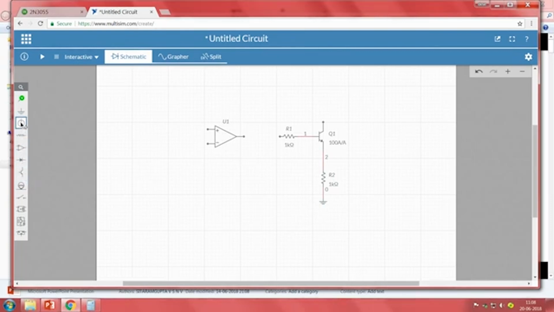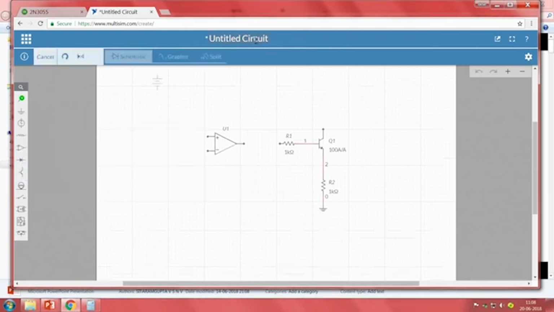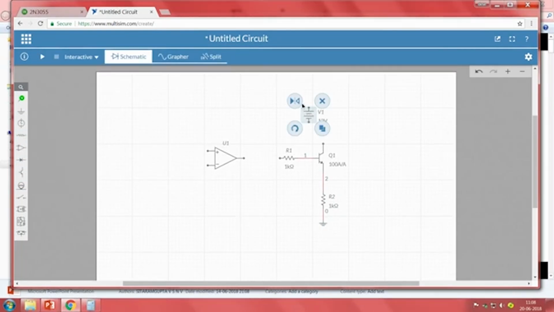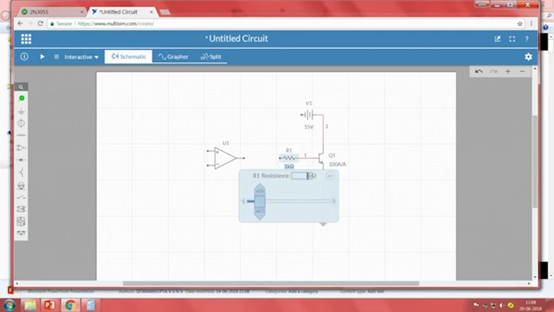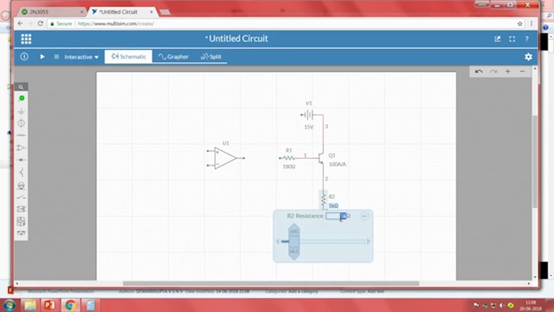I need a power supply, so I will go to the power supply, DC voltage, and connect it here. Since we are discussing 15 volts, let me change it to 15, and this is 180 ohms. This value is 0.1 ohm, and the wattage that we have taken was higher, 10 watts.